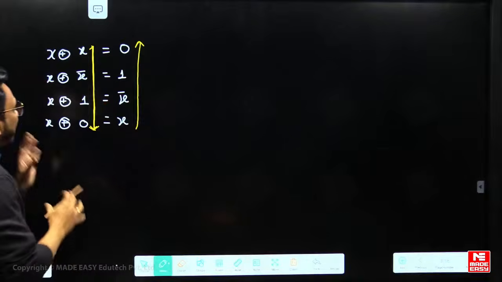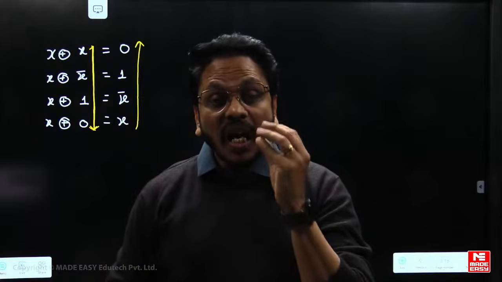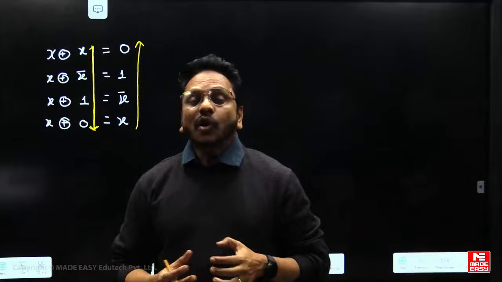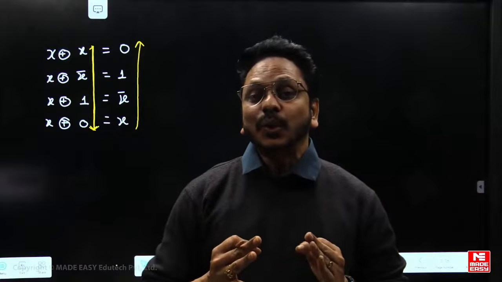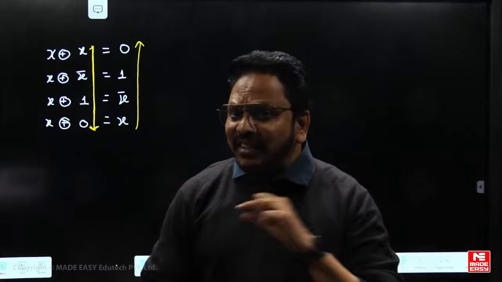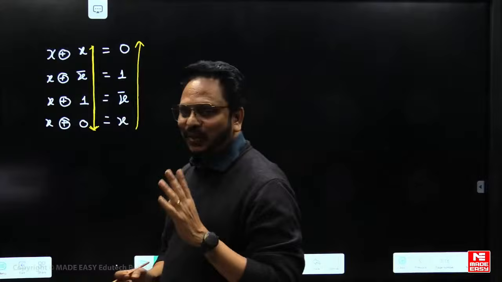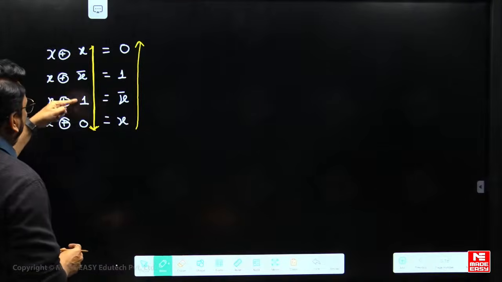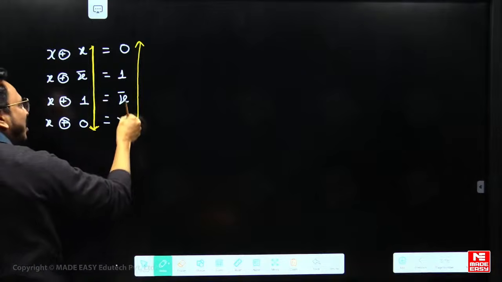So that you can remember these things easily, because these should all be on our fingertips to handle the mixed combinational or sequential circuit questions. In those we are going to have such combinations, so you should not waste time on them. Here, X bar 1 0: you just make this one a shift like that, and this one also like this.